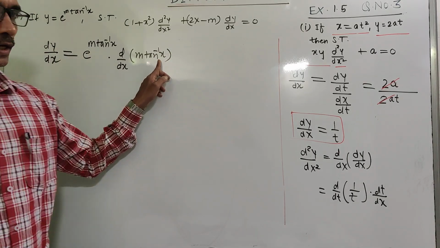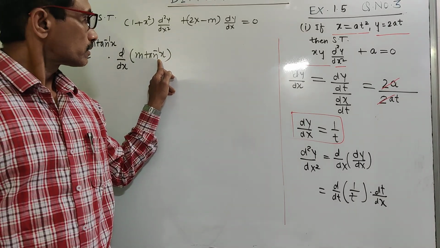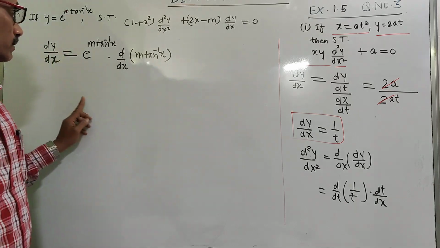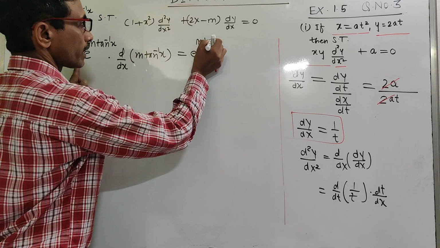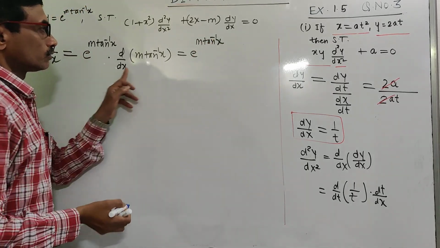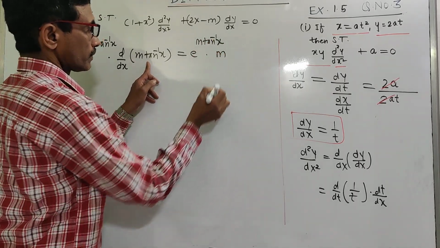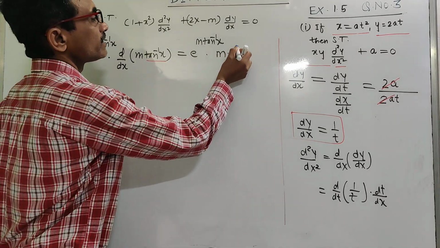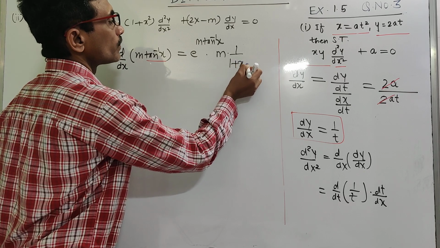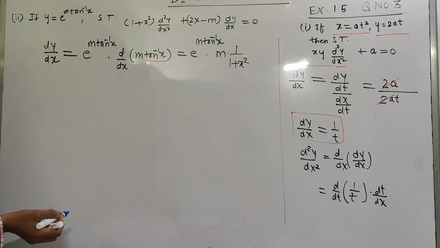M is constant, derivative of tan inverse x is 1 upon 1 plus x square. So this will be e raised to power m tan inverse of x into m into derivative of tan inverse of x, which is 1 upon 1 plus x square.